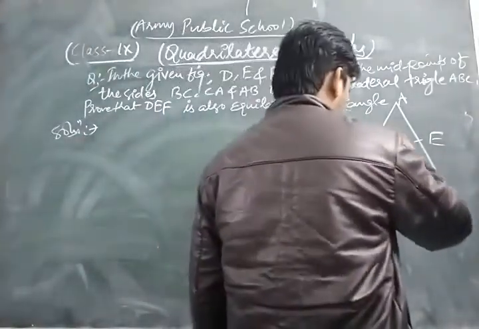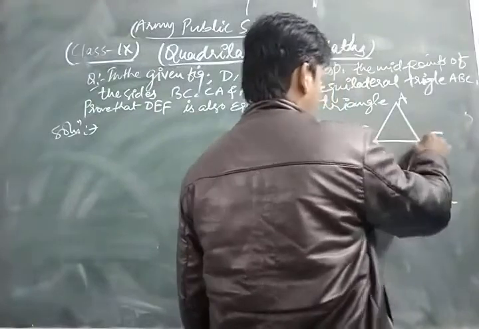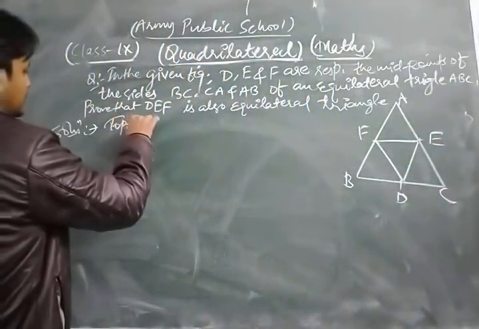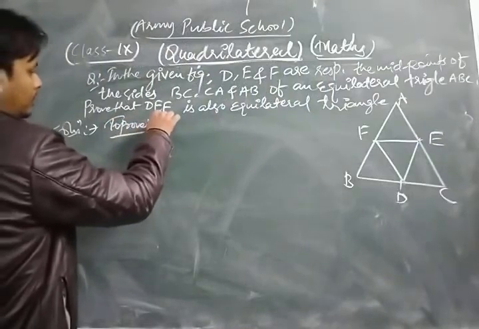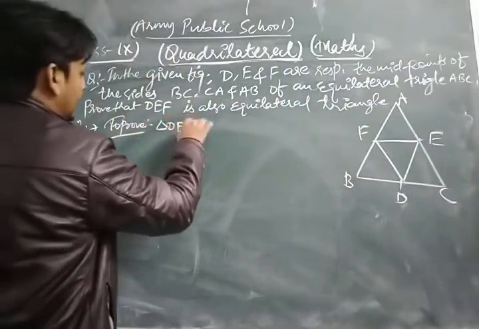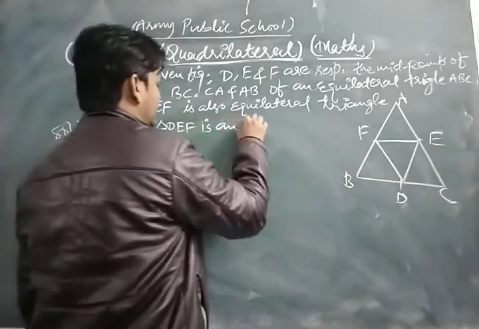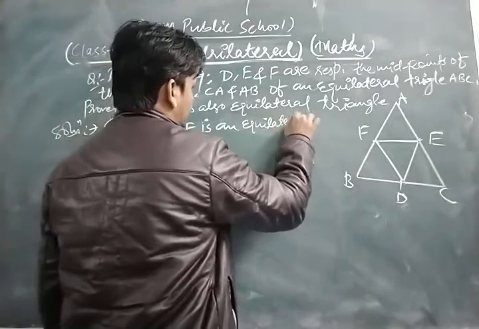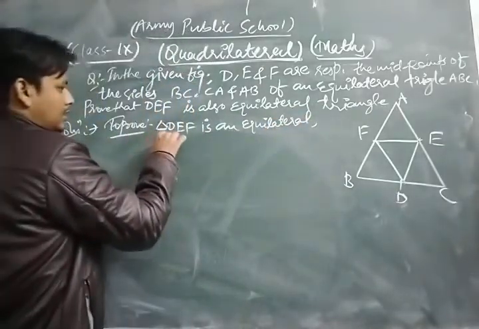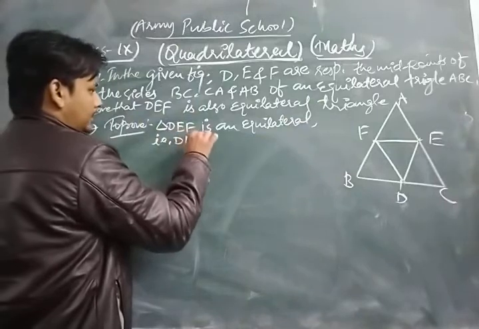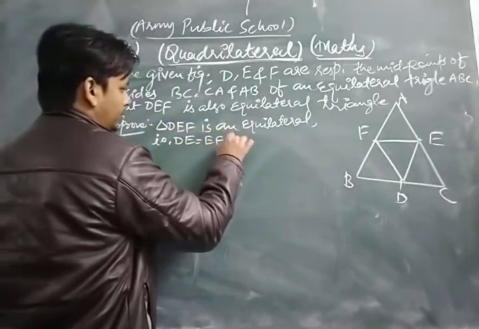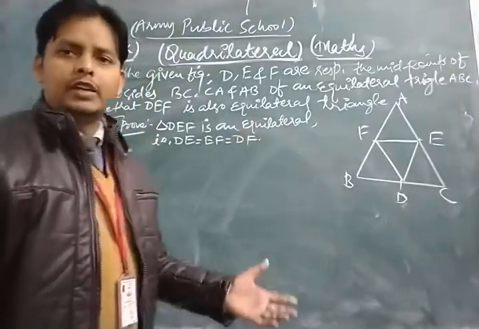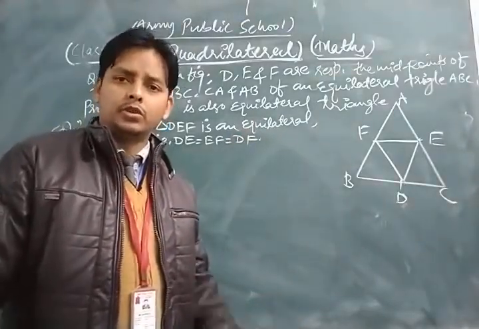We have to prove that triangle DEF is equilateral, that is DE is equal to EF is equal to DF. Equilateral triangle means that all of its sides are equal to each other.